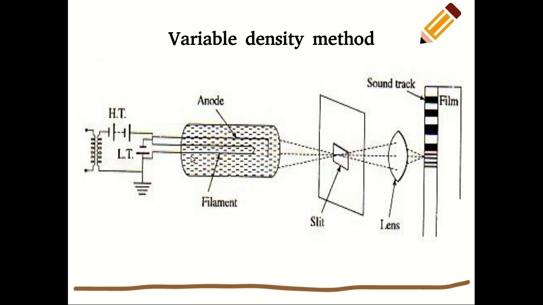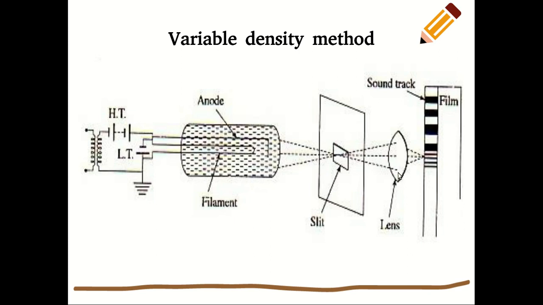Now the intensity of light coming out of this lamp due to this circuitry is proportional to the strength of the audio signal that we have to print on the film. This varying light passes through a slit and a focusing lens.